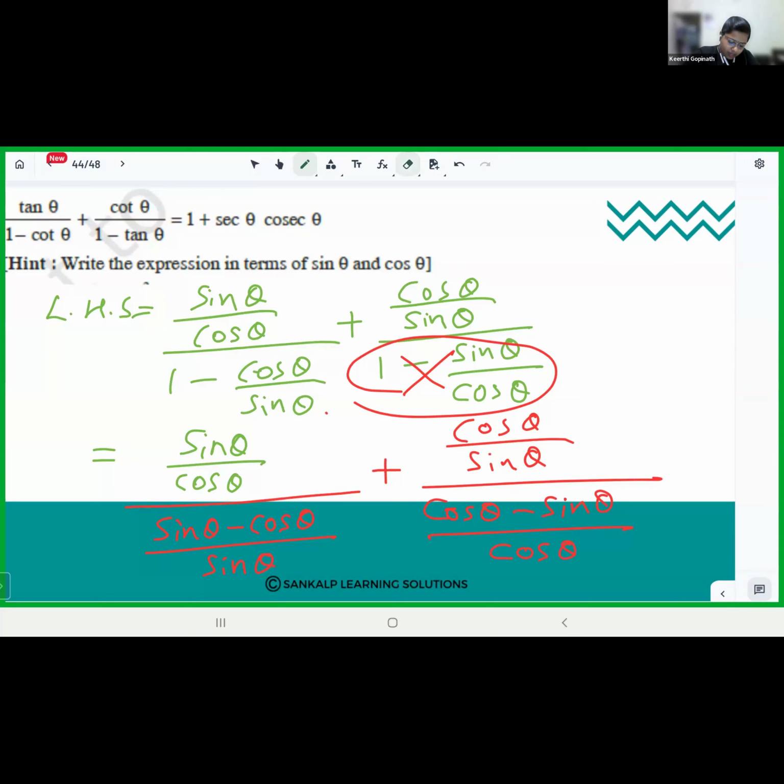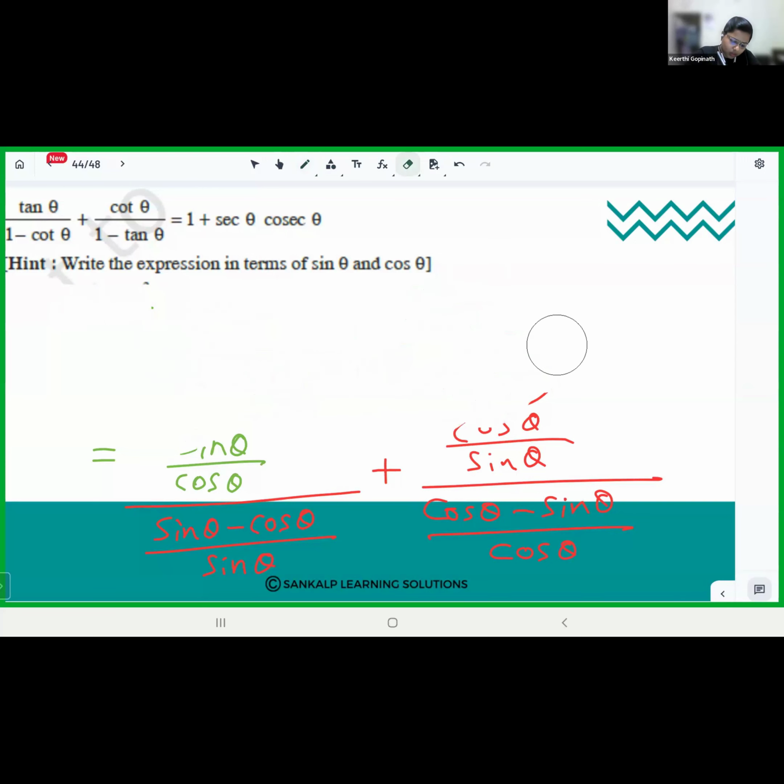Now I am erasing the first part. So this can be written as sin theta by cos theta divided by sin theta minus cos theta by sin theta, which becomes a reciprocal. You just multiply it with its reciprocal, right?